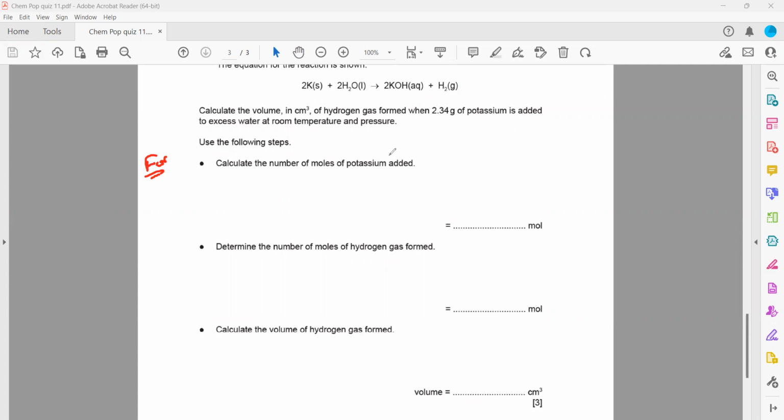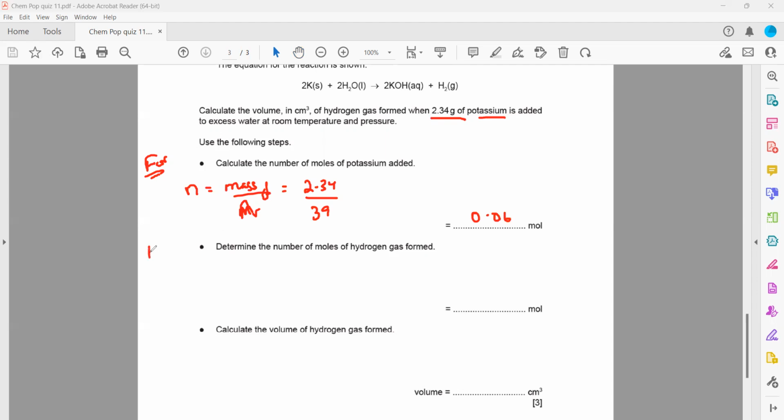Because we have the mass of potassium, we use the formula moles equals mass in gram divided by molar mass. The mass is 2.34 and the molar mass of potassium is 39. So it will be 2.34 divided by 39, which equals 0.06.